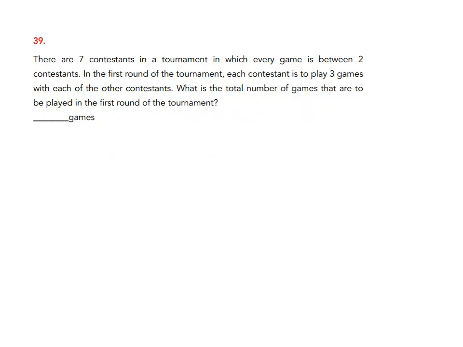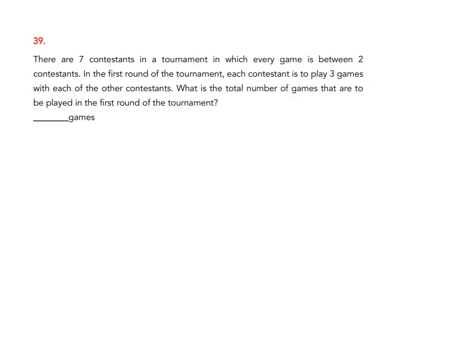From this question, we know that the total contestants are 7 and every game is between two contestants. In the first round of the tournament, each contestant is to play 3 games with each of the other contestants.